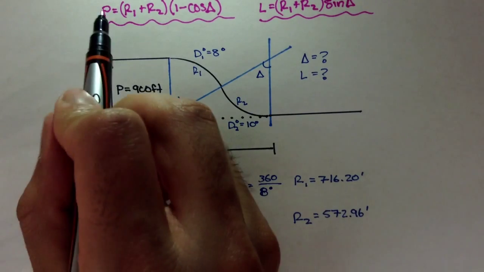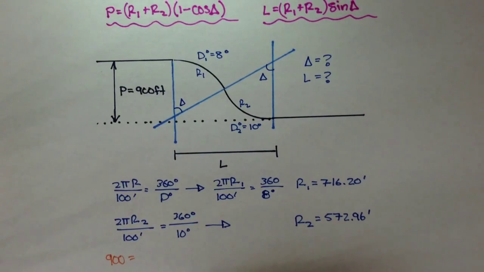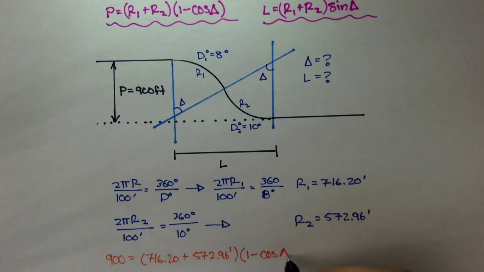P, which is 900, is equal to R1 plus R2, where R1 is 716.20 plus R2, which is 572.96 feet, times 1 minus cosine delta.